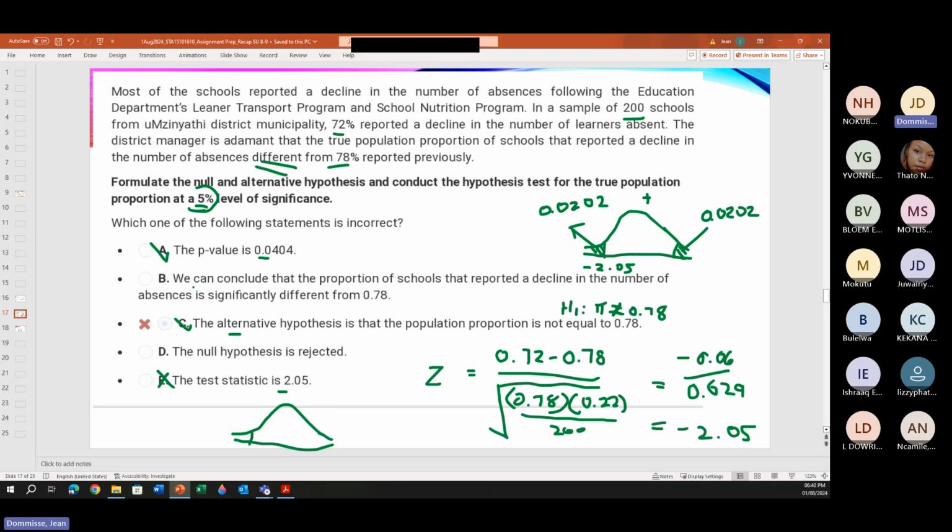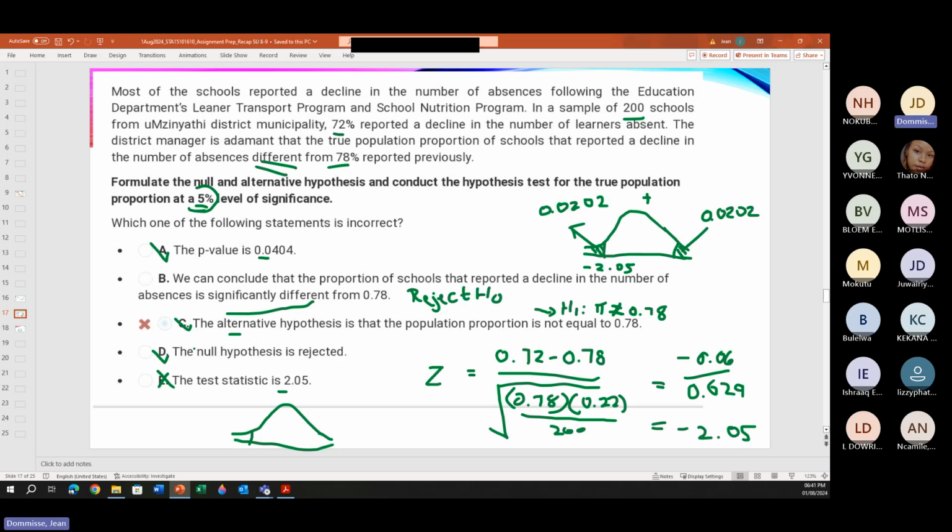Let's quickly see. We conclude the null hypothesis is rejected. So if a null hypothesis is rejected, we accept the alternative. The alternative says that there is a difference. So we can conclude that the proportion of schools that reported a decline in the number of absences is significantly different. And the reason is we reject the null hypothesis, which is right.